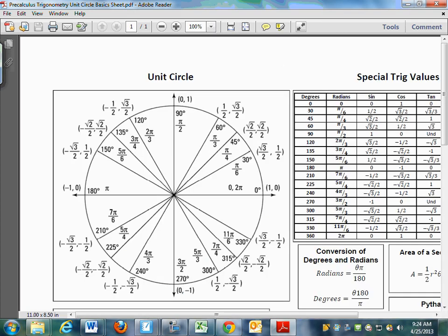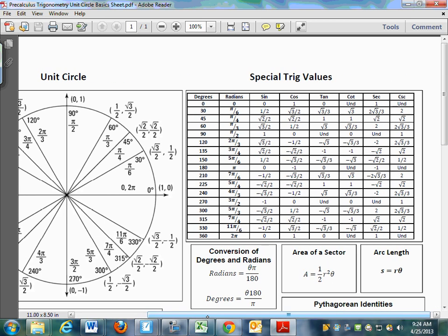Everybody got this? If you look at this sheet, unit circle basics, we can see by looking at it that sine is equal to -1/2 at 210 degrees and at 330 degrees, correct? Now you won't look at your graphic organizer for this. We're going to start by doing this on your calculator. So I'm going to show how you come up with the 210 and the 330 on your calculator. Okay, so that's one example.